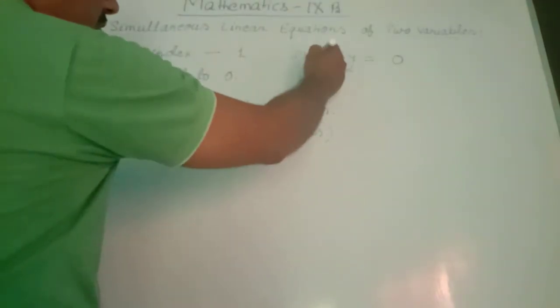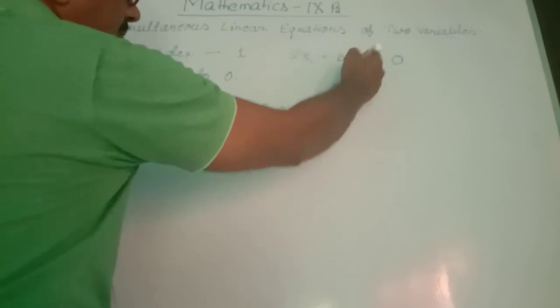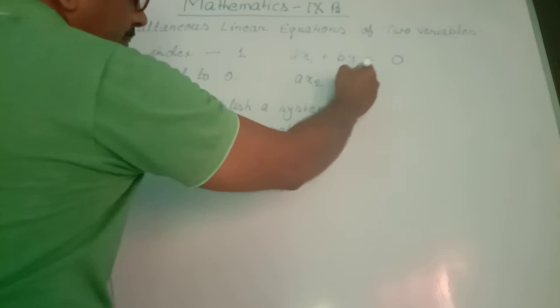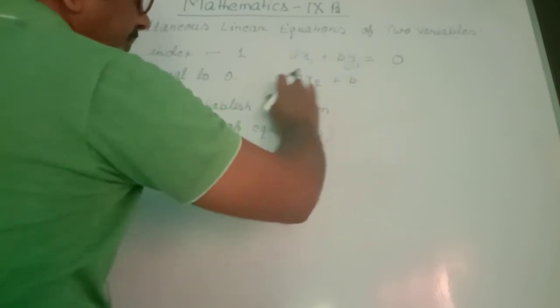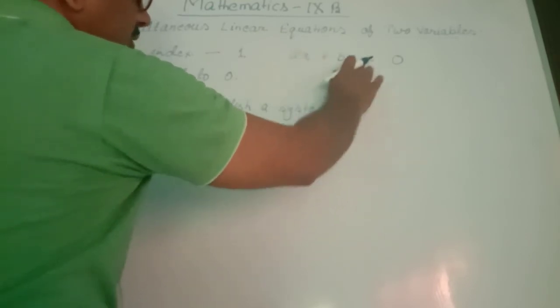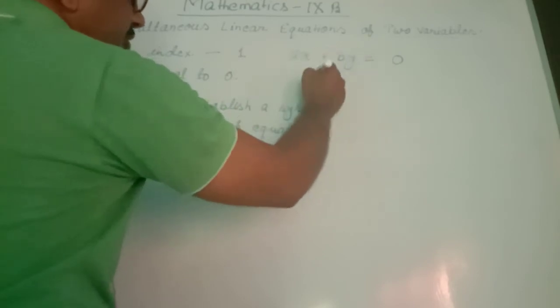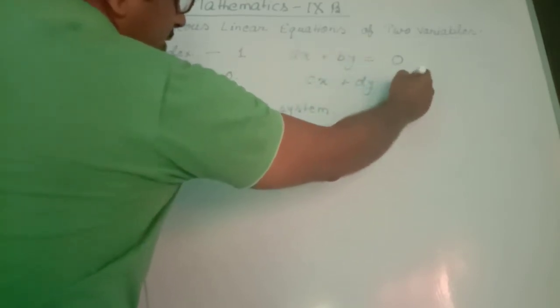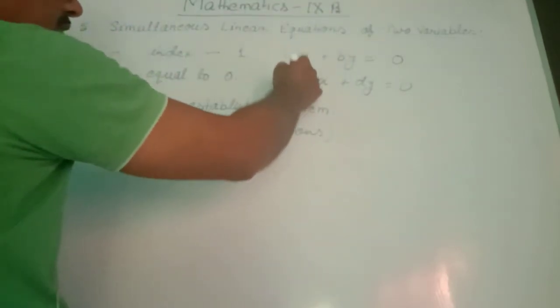Simultaneous means a pair of equations. Suppose this is ax plus by, the next equation may be cx plus dy, that is also equal to 0. So this is a pair of equations, two equations that will establish a system.